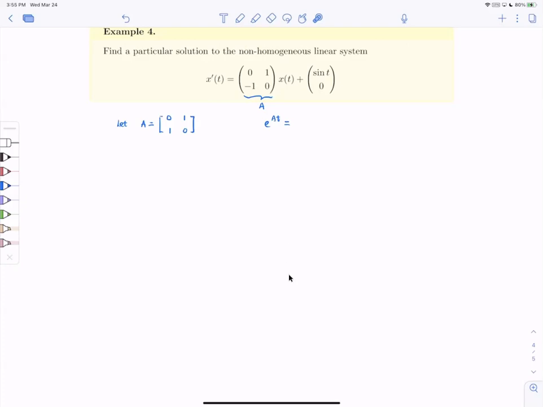Anyone finished? What is e to the ax? You forgot how to do this?